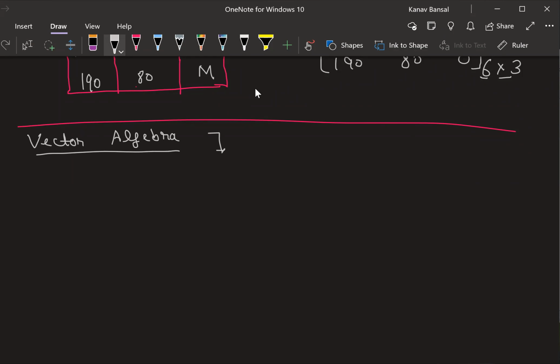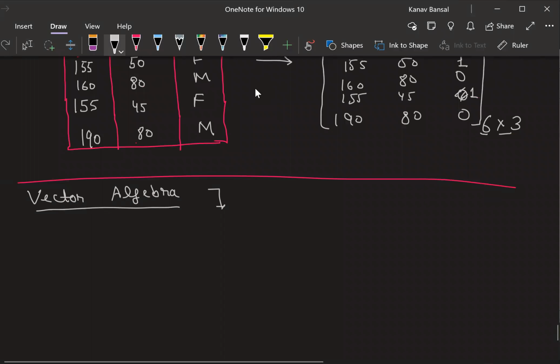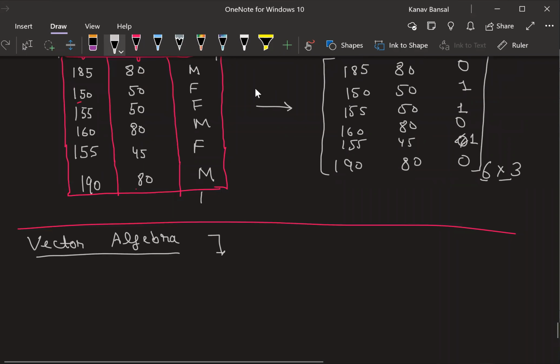We saw that whatever data I have, I can represent it as a scatter plot, right? Yes, correct, Avanish. I created a scatter plot. Remember this now? Yes or no?